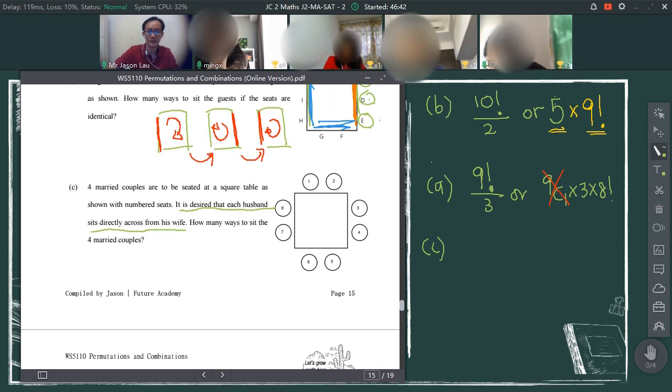You find that for this arrangement, it's not that anyhow 4 husbands go in, or 4 wives go in first. You get me? Because you need to find space for the other partner to sit opposite. So how to do it?